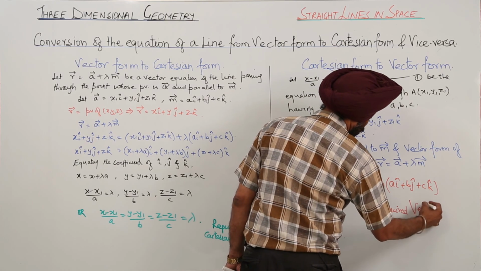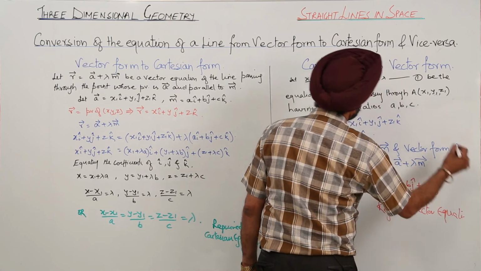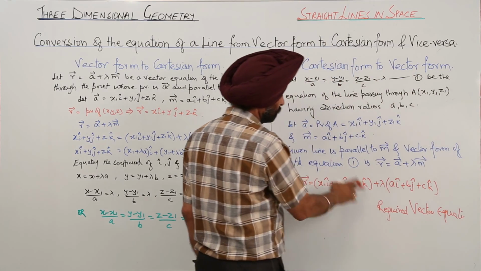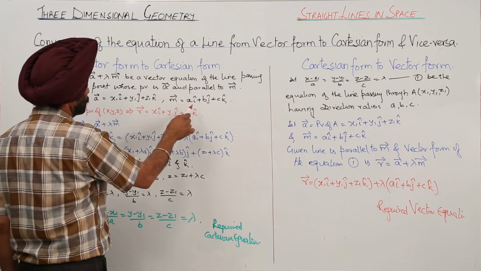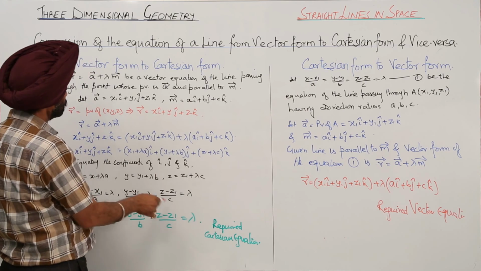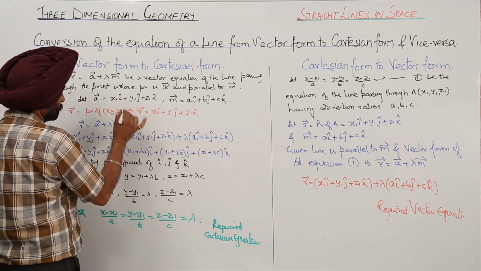This is the required vector equation. So we have converted Cartesian to vector and vector to Cartesian. This is the vector equation, okay.